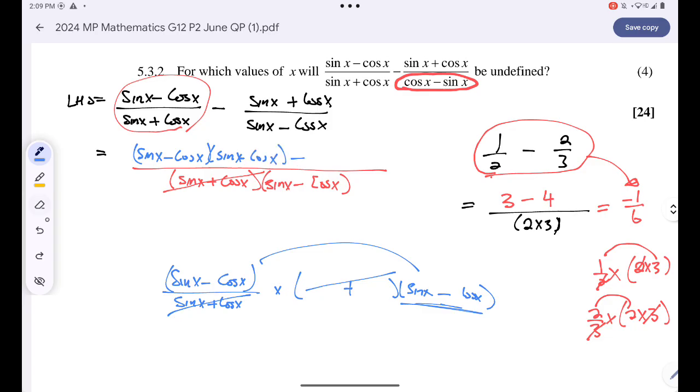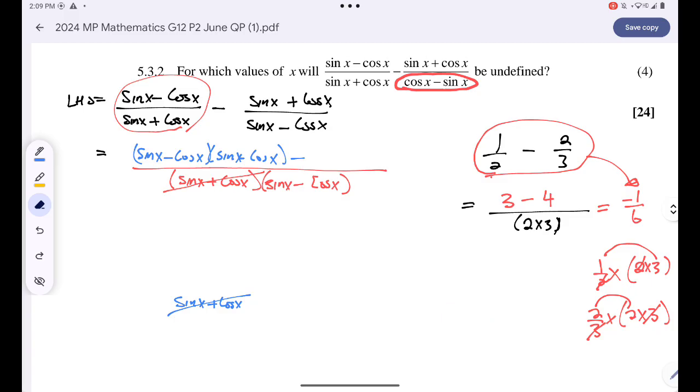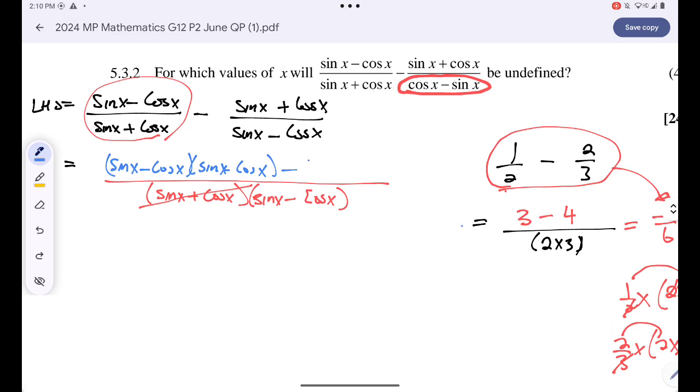Do the same thing for the second term. Take the entire term multiplied by the LCD. You'll end up having sine x plus cos x multiplied by sine x plus cos x. Are you together? And therefore we can remove our brackets over there.